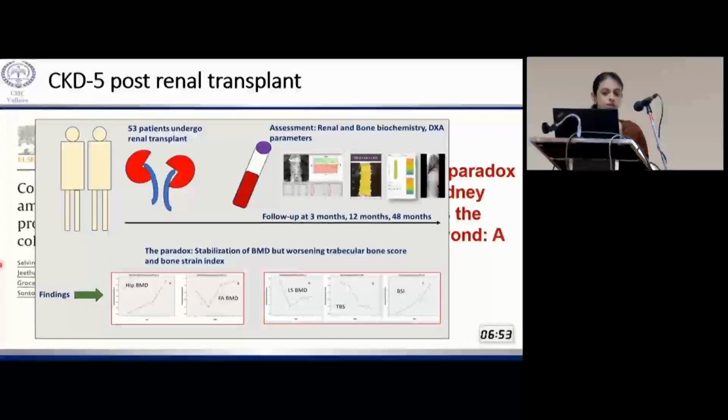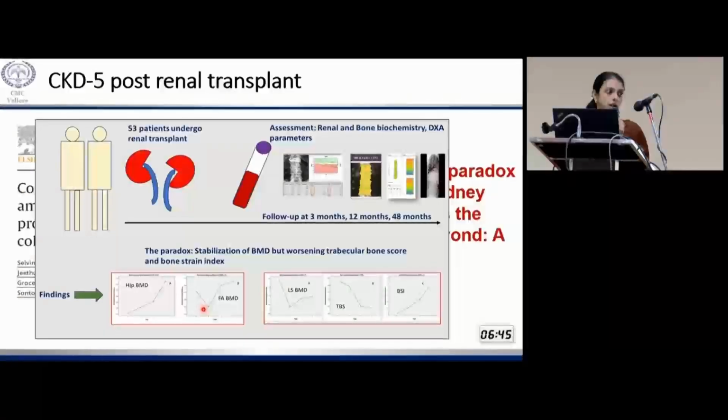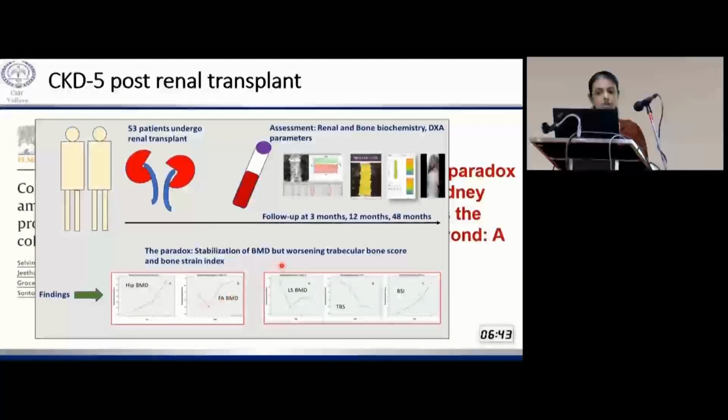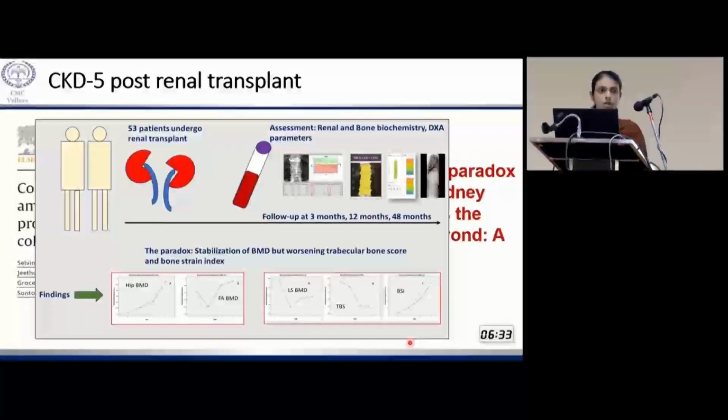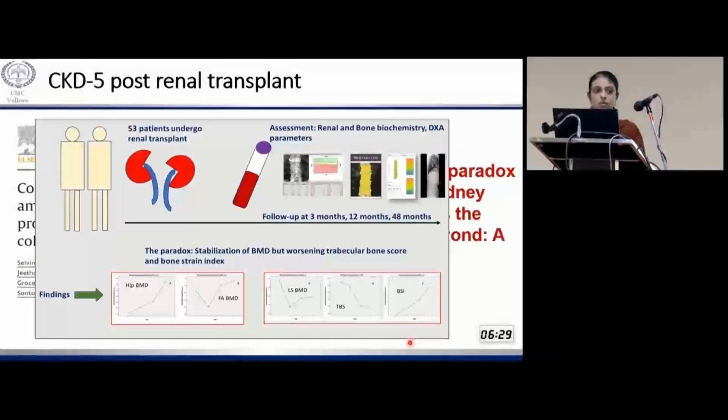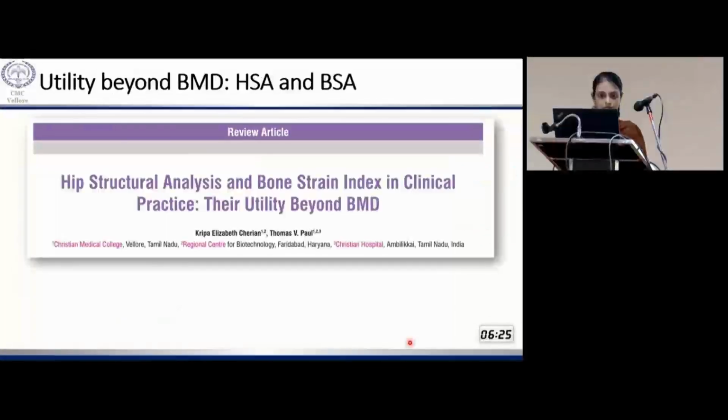What we found interestingly is that following transplant, the BMD at the hip and the forearm improves, probably because the secondary hyperparathyroidism improves. The lumbar spine BMD just about stabilizes. However, the trabecular bone score and the bone strain index show evidence of deterioration. So this again goes to say that BMD as a standalone tool may not suffice. You might have to look at other adjuncts as well.